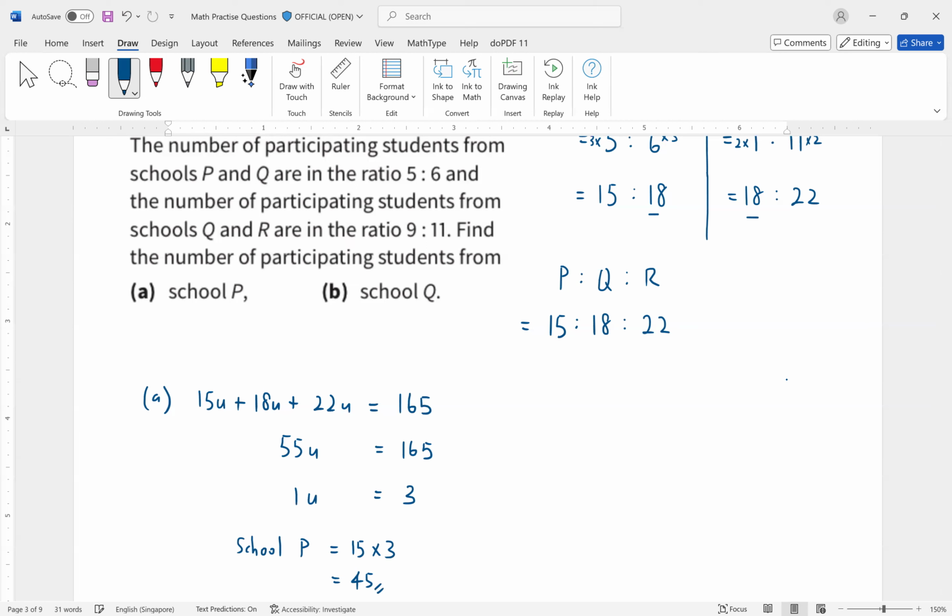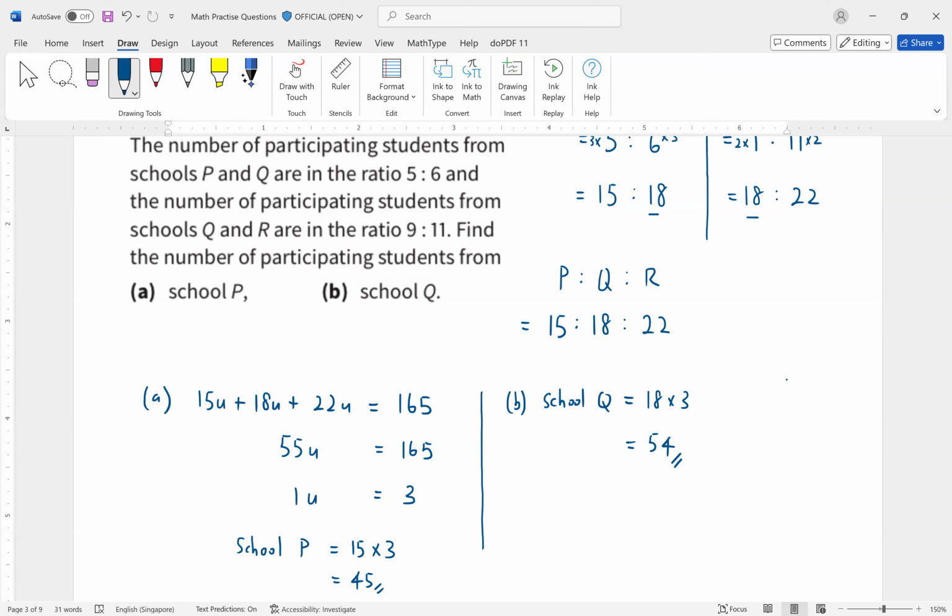Then for school Q, it's going to be 18 units, so 18 times 3, which is 54. So this is how you do a question that involves three different quantities.